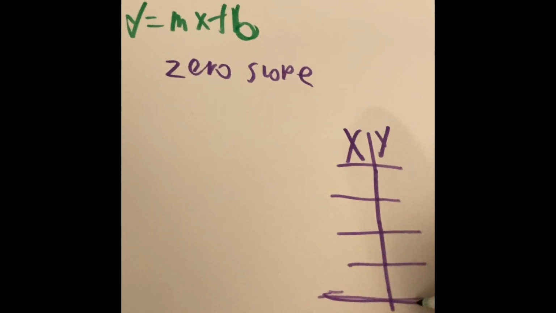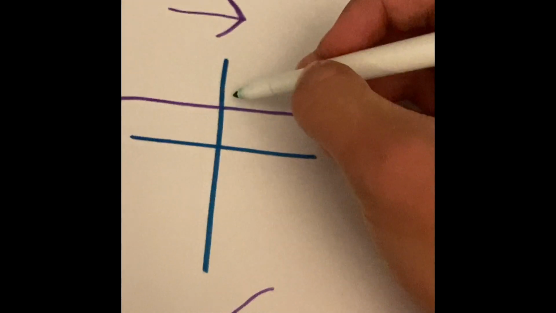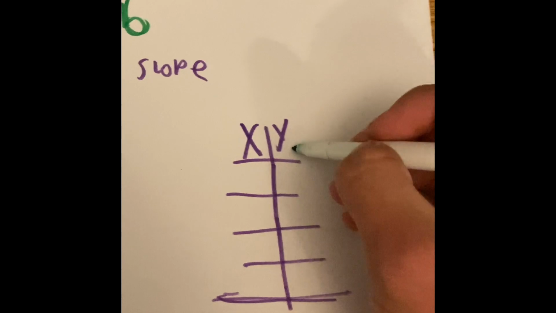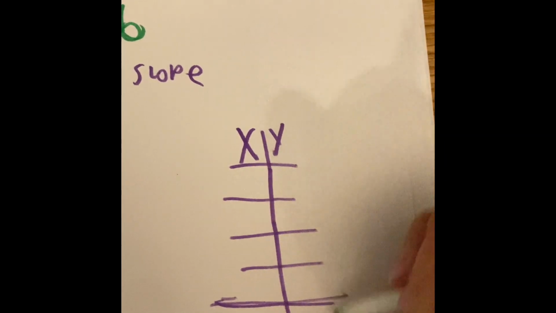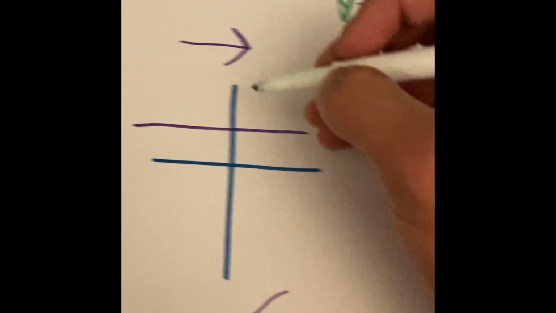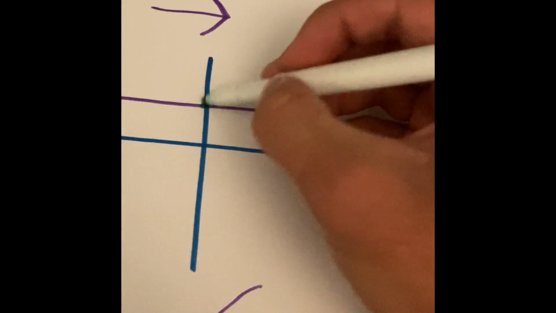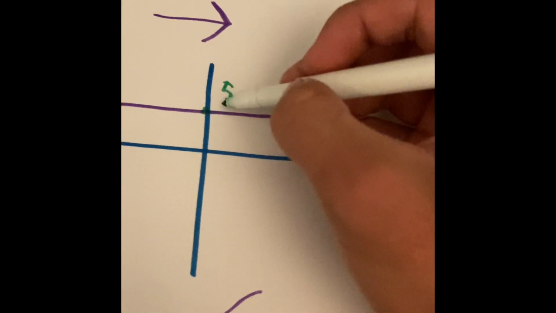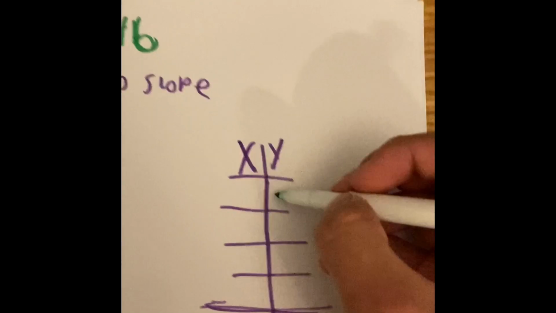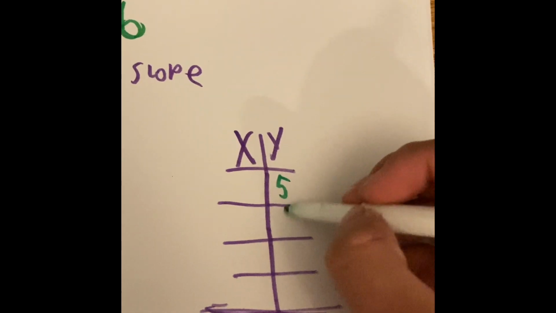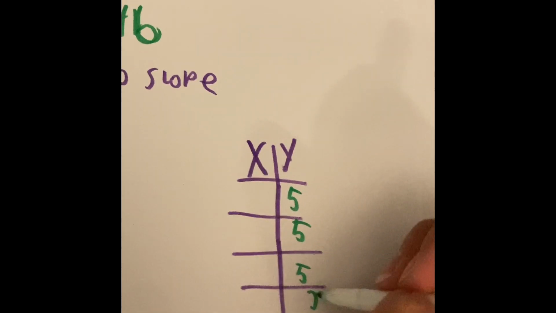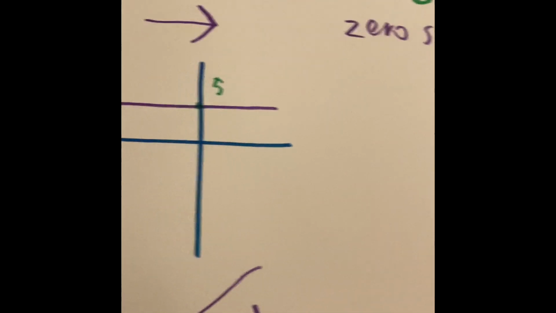When you're using zero slope, the number that you get for y is going to be the exact same number. So let's say right here is going to be number 5. Anything that you insert will become a 5 no matter what. 5, 5, 5, 5. And let's insert some points.